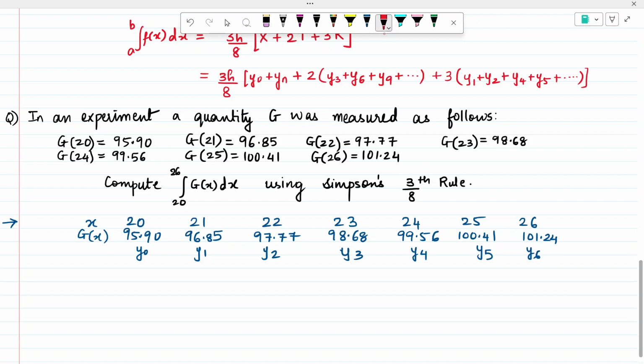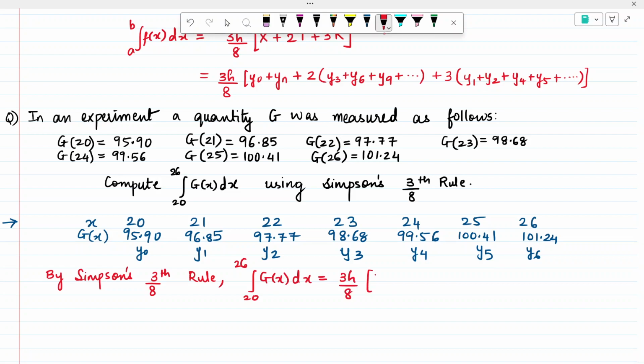Let's write down the formula for Simpson's 3/8 rule. The integral 20 to 26 of g of x dx would be equal to 3 times h over 8, starts with y0, ends at y6, 2 times the multiple of 3.